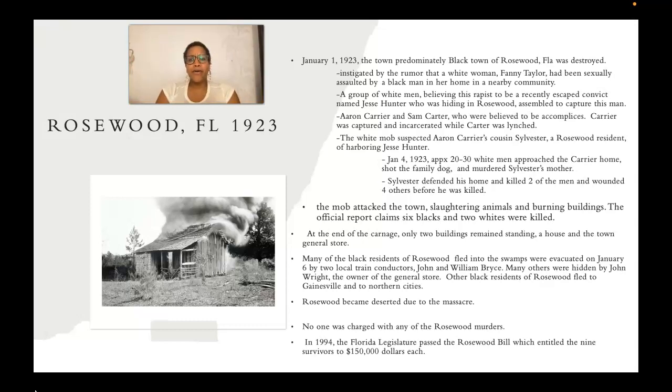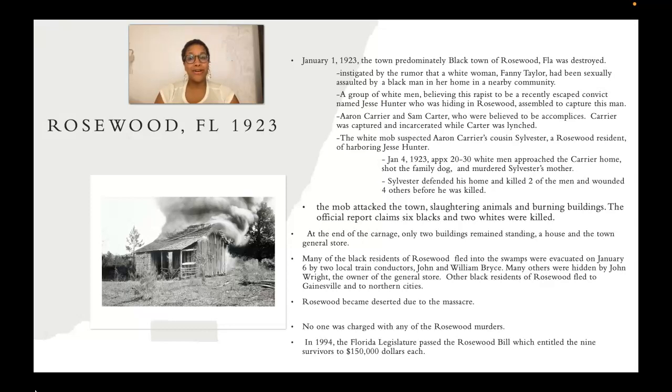They also somehow came up with the notion that Aaron Carrier and Sam Carter were believed to be accomplices. Carrier was captured and incarcerated. However, Carter was lynched. And so the white mob believed that Aaron Carrier's cousin, Sylvester, was harboring Jesse Hunter. So January 4th, 1923, 20 to 30 white men approached the Carrier home.